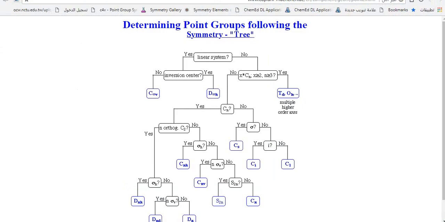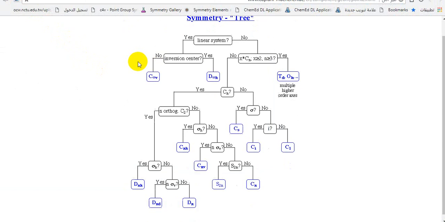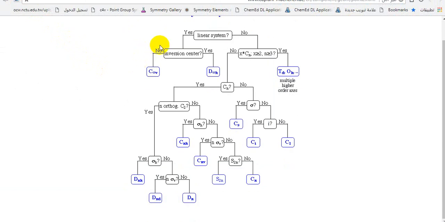Okay, the last one in this chapter is determining a point group. Look at this structure. When a molecule is linear, when this molecule has an inversion center it is D infinity h, or else C infinity v.